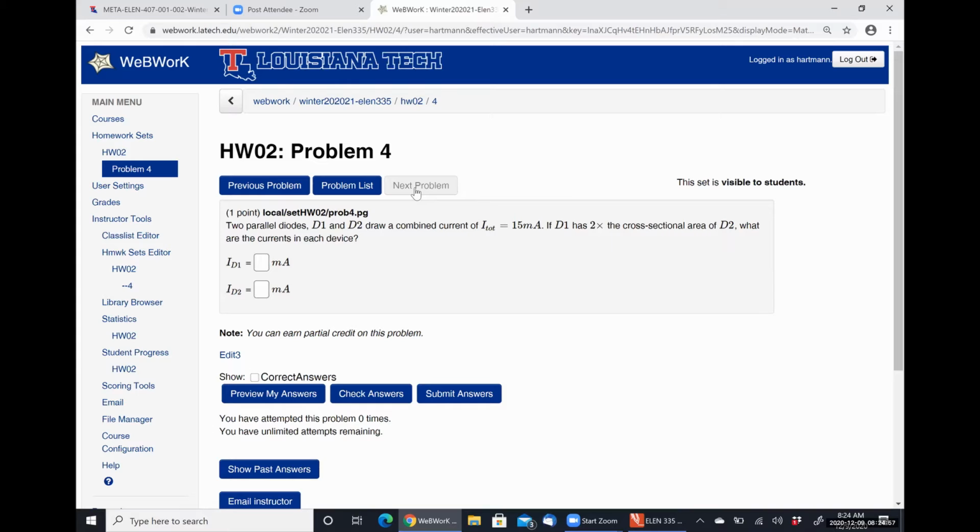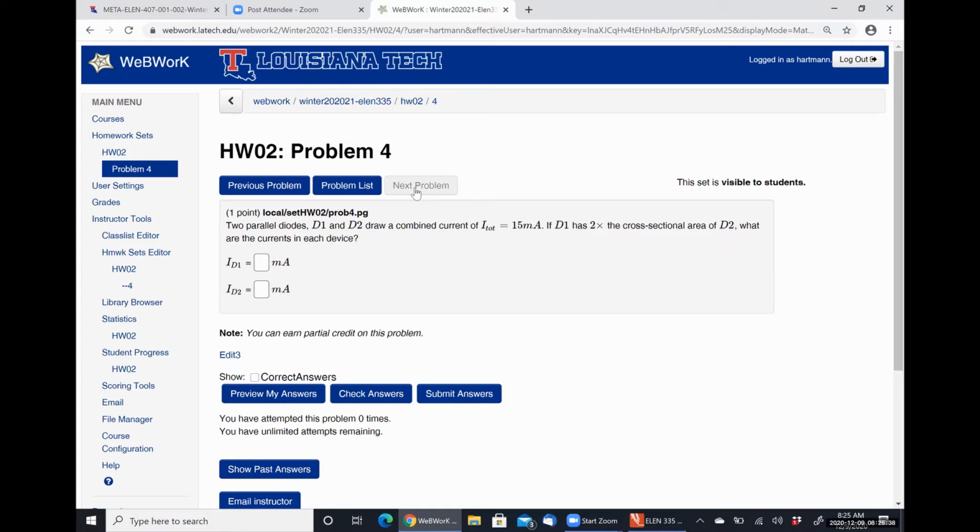So it says that we have two diodes in parallel, D1 and D2, and they draw a combined current, I total, of 15 milliamps, okay? Now it's not explicitly stated here, but diode D1 and diode D2 are otherwise identical, except that D1 has twice the cross-sectional area of D2, which means they have the same mean free paths, the same acceptor concentrations, the same donor concentrations, the same intrinsic concentrations, and all that kind of stuff.